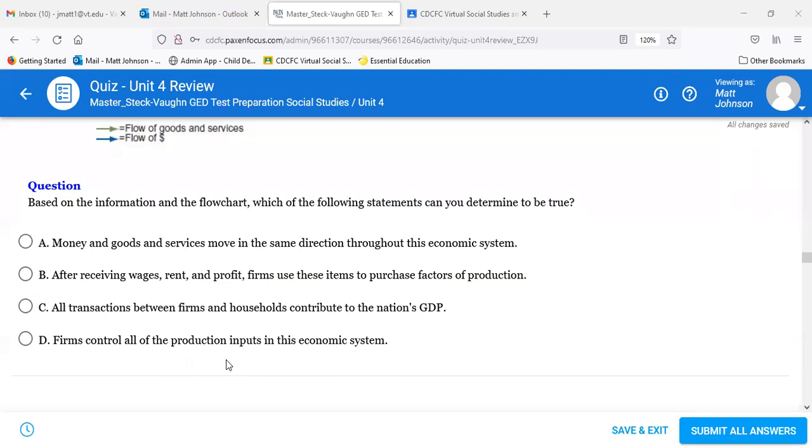A, money and goods and services move in the same direction throughout this economic system. B, after receiving wages, rent and profit, firms use this item to purchase factors of production. C, all transactions between firms and households contribute to the nation's GDP. And D, firms control all the production inputs in this economic system.